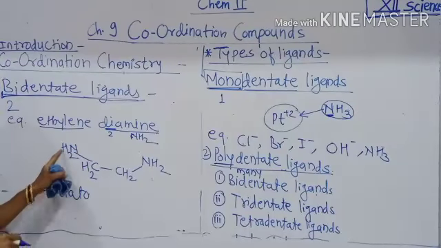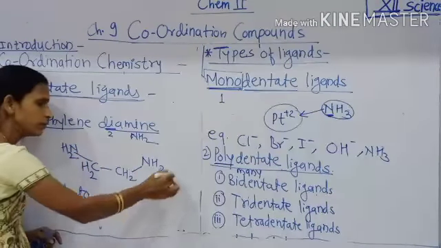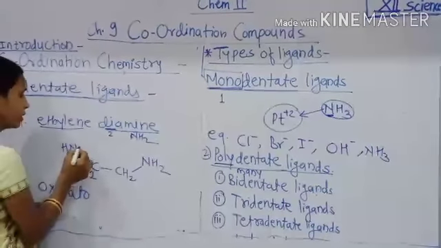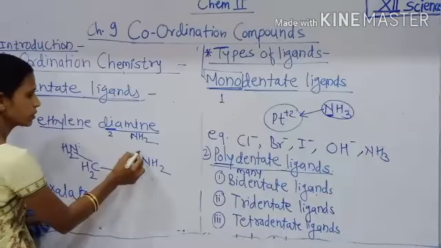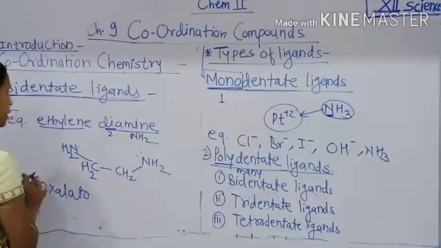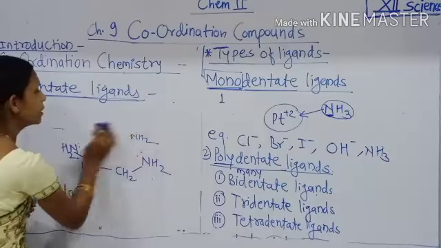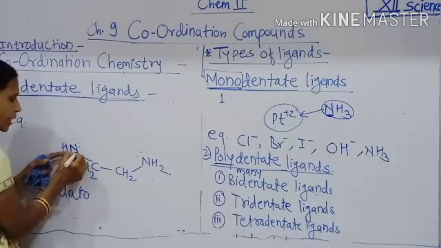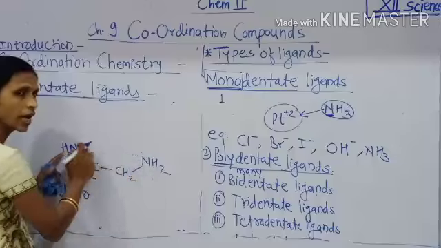Then see here, that is only one ligand, one group, which has 2 points of attachment to the central metal ion. That means in ethylene diamine there are 2 points of attachment through 2 nitrogen atoms.